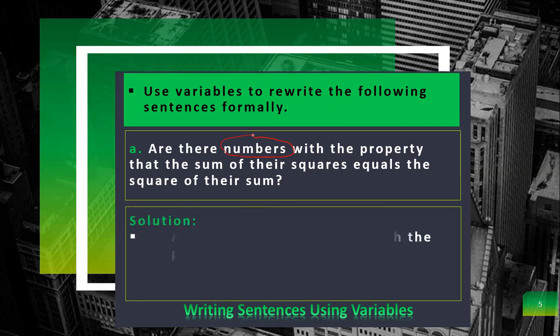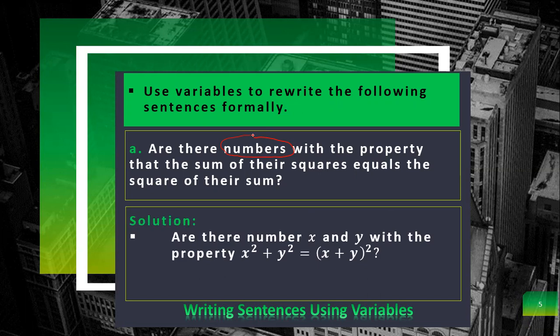So we can write it as, are there numbers X and Y that would represent the two numbers with the property. Remember that we have here the term sum.